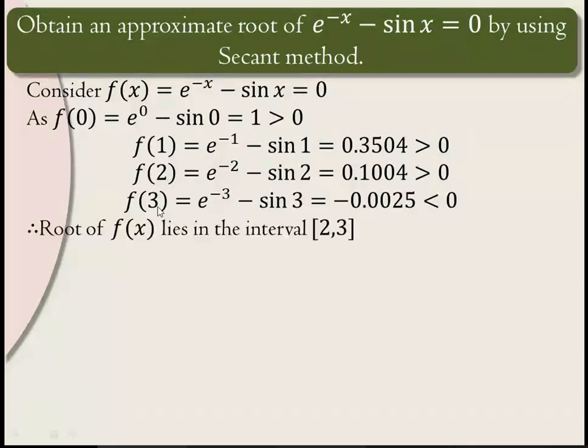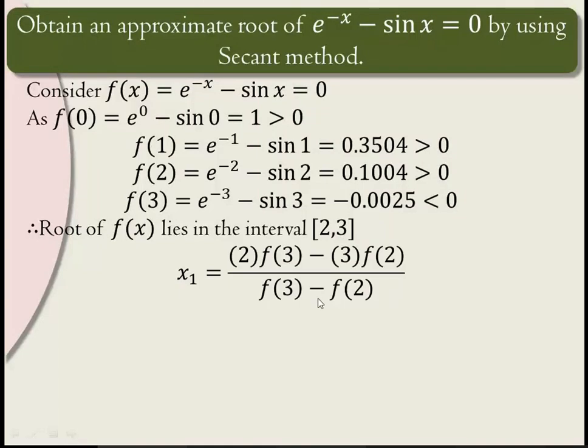Okay, so use the standard formula of the secant method. We take this as x0, this as x1, and the formula for xn plus 1 is xn into f of xn minus 1 minus xn minus 1 into f of xn, divided by f of xn minus 1 minus f of xn.